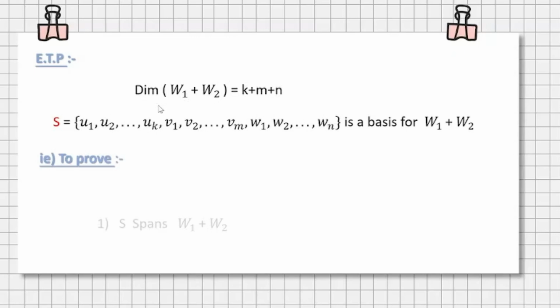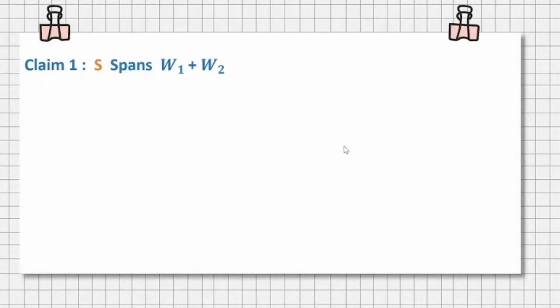Can anyone say how to prove S is a basis for W1 plus W2? We have to show that it spans the set and that it is linearly independent. Yes, that's correct. First, let's prove S spans W1 plus W2. That is, L of S equals W1 plus W2.